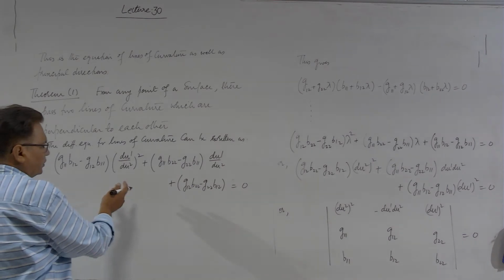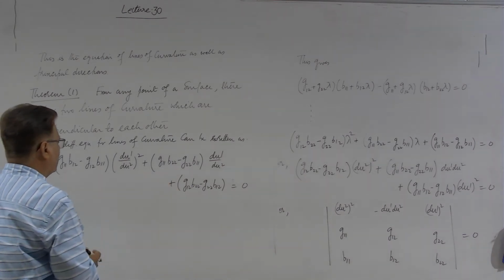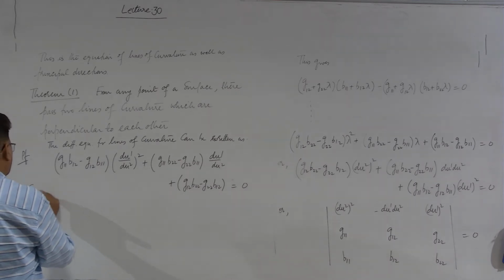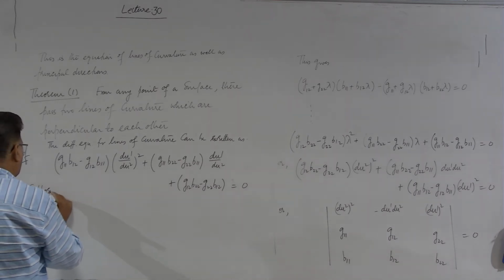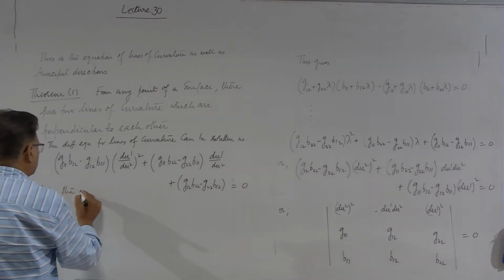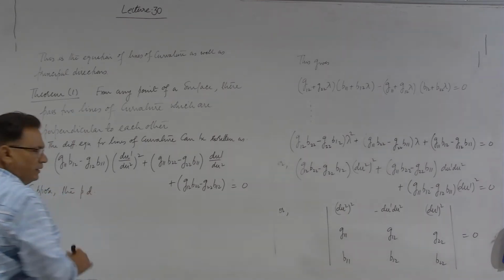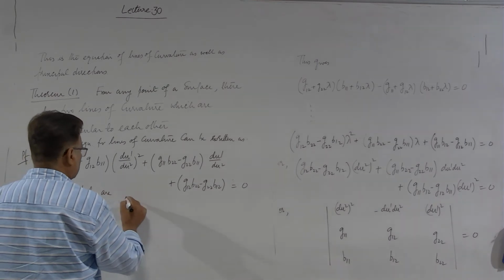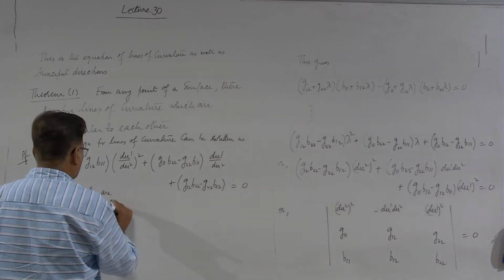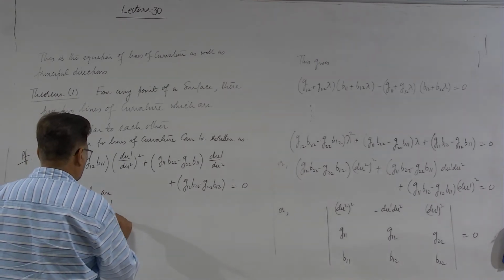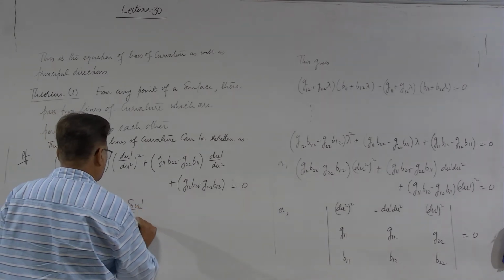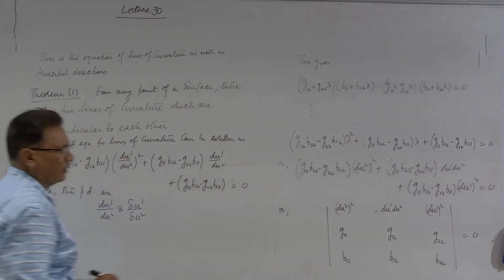So, these two roots you can understand are nothing but the two principal directions. Suppose the two principal directions, PD I am writing, are du1 over du2 and delta u1 upon delta u2. Okay.